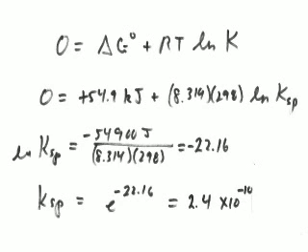So the log of the KSP is equal to minus 54,900 joules divided by 8.314 divided by 298, and that's minus 22.16. So KSP is e to the minus 22.16, or 2.4 times 10 to the minus 10.